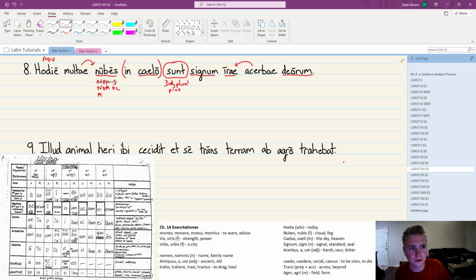And accusative plural, not really going to work because we don't have a transitive verb, a verb that adds on to something, nor do we have a preposition which will require the accusative in the area. So we're taking this as nominative plural, that's our subject, nubes. And a good check on that is the multae next to it. Now the multae is right next to it. There's no other noun near it that it can modify, so it's probably modifying nubes.